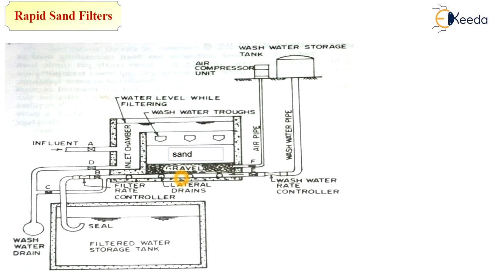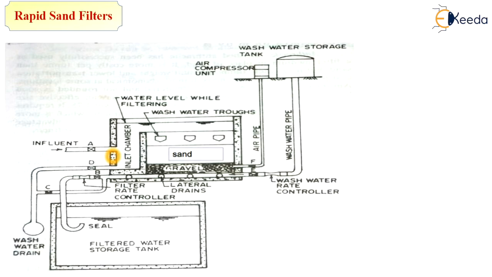Again, the difference between slow sand and rapid sand filter is that the rapid sand filter is a compact design, that is, the land required for construction of this rapid sand filter is very little because of its high filtration rate. Because of that, we provide a backwashing system for cleaning the rapid sand filter.